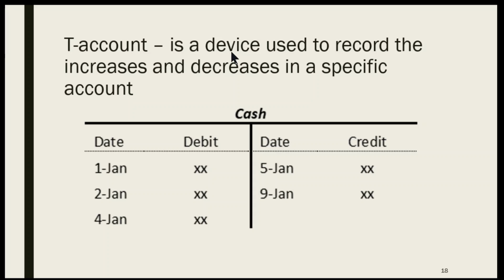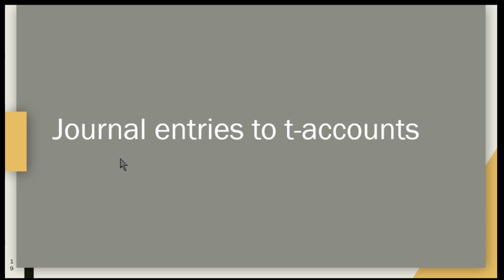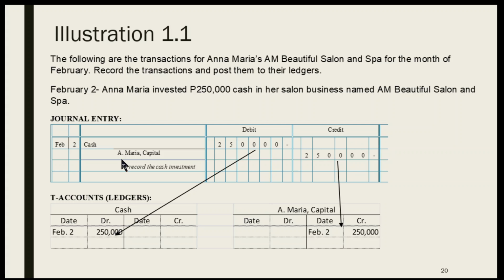So the T account is a device used to record the increases and decreases in a specific account. So you debit an item and then you credit an item, then you write the date. So how do you transfer? For example, on February 2, Ana Maria invested 250,000 cash in her salon business named AM Beautiful Salon and Spa.